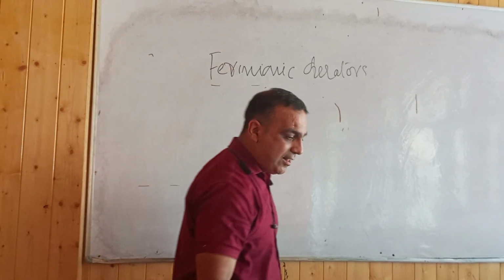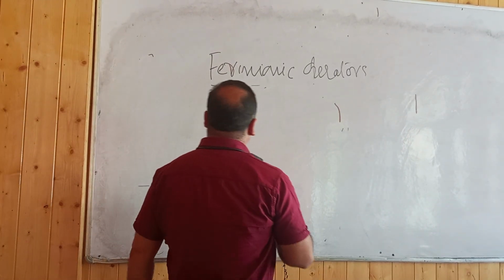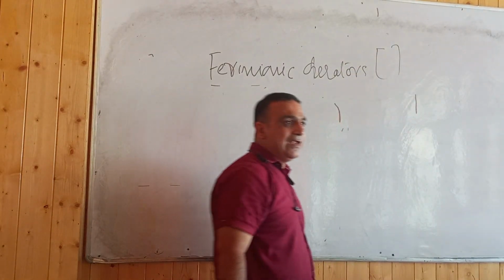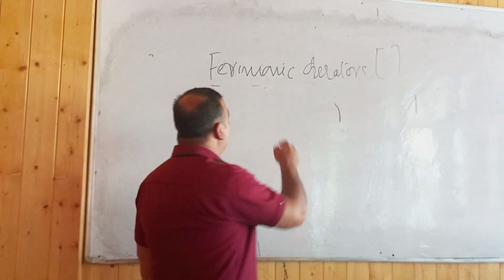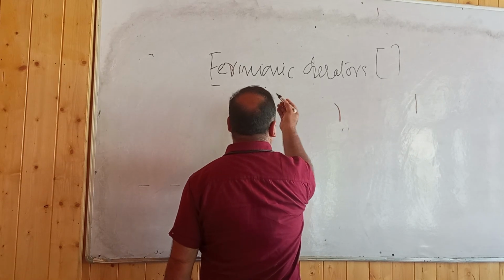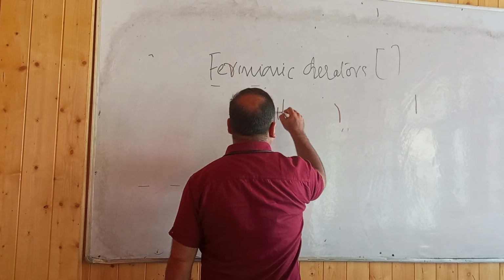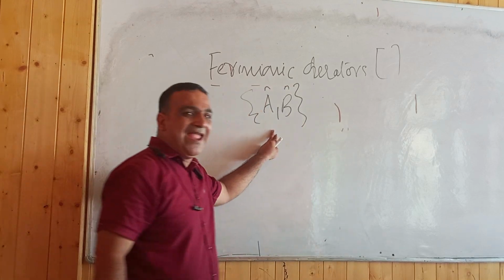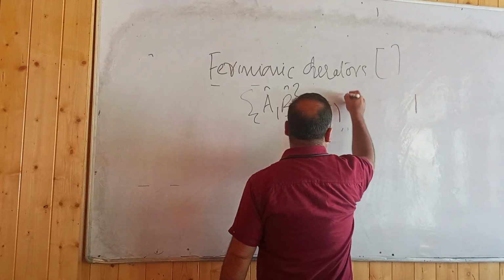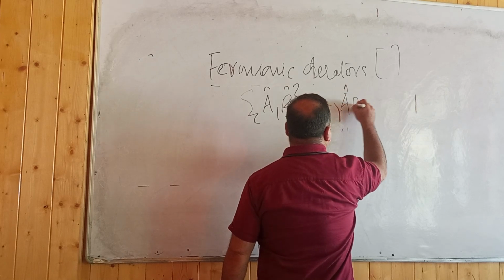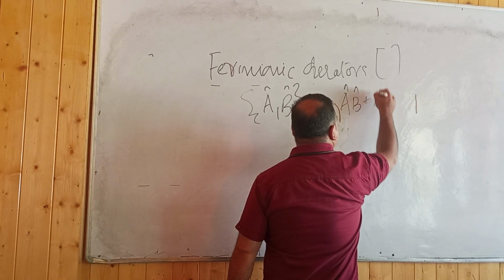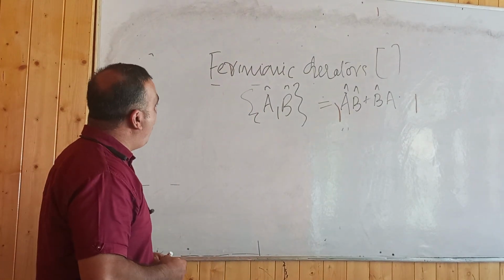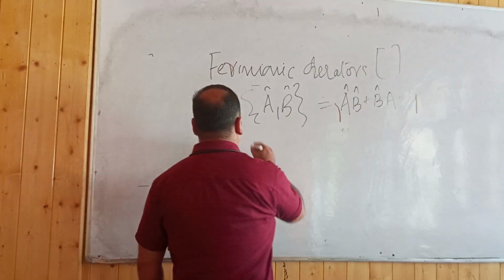So now, for commutators, you have the square brackets. But for anti-commutators, you have curly brackets. Say A and B are operators. If you anti-commute A and B, this is always equal to AB plus BA. Now, I will choose my operators.